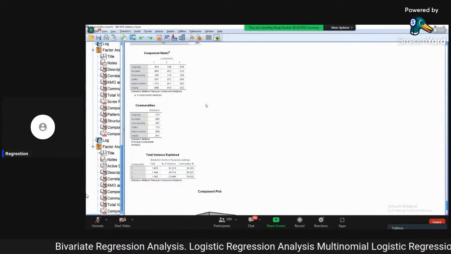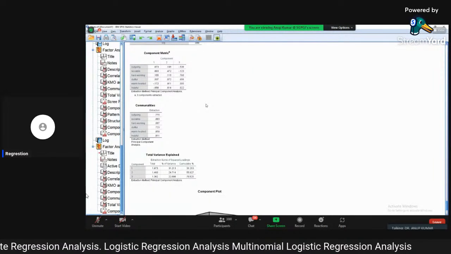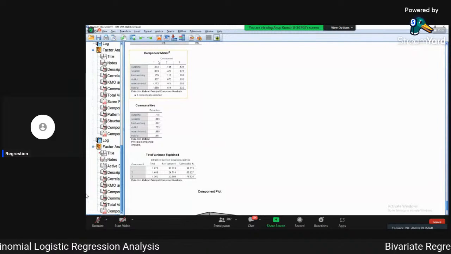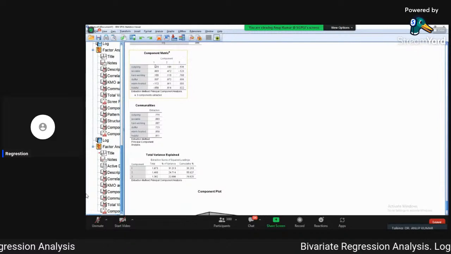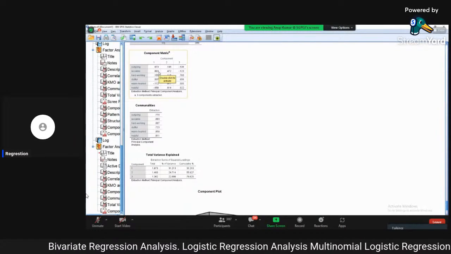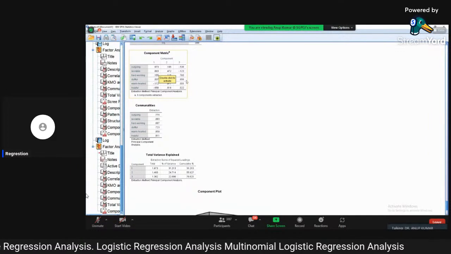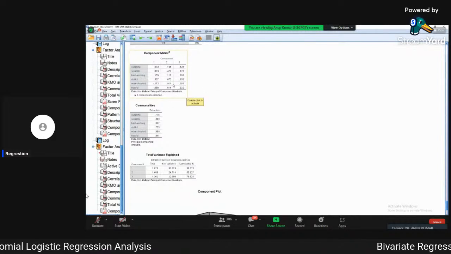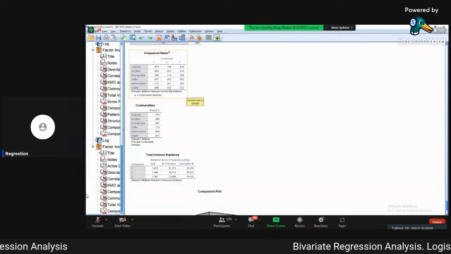Now if we go to this component matrix, you can see that there are 3 components, 3 factors. The first factor has high loadings with outgoing and social. The second factor has more loadings, 0.793 and 0.659, for hardworking and dutiful. And the third factor has more loading with warm-hearted and helpful.